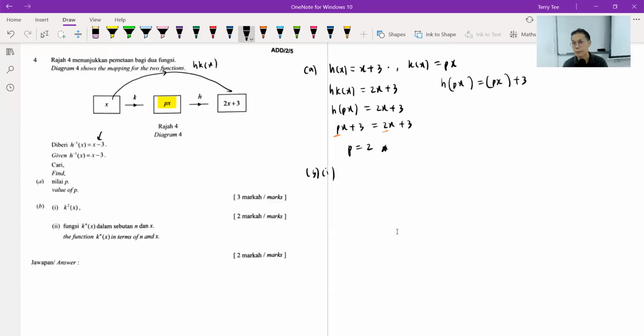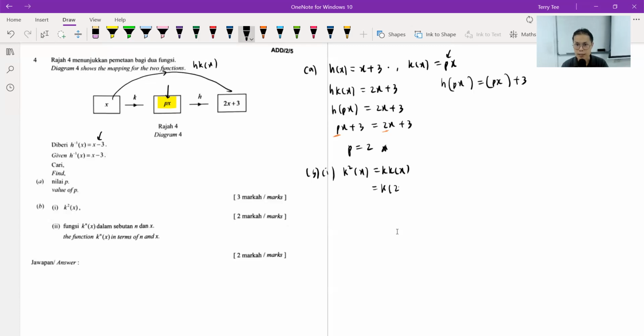Okay, let's move on to part B. Now you're finding k2(x). Remember, k2(x) doesn't mean k(x) squared. It's not a square. k2(x) means the function k repeats itself. Yeah, we do k(x) twice. The first k(x), as we know, is px. I am going to substitute p with 2.